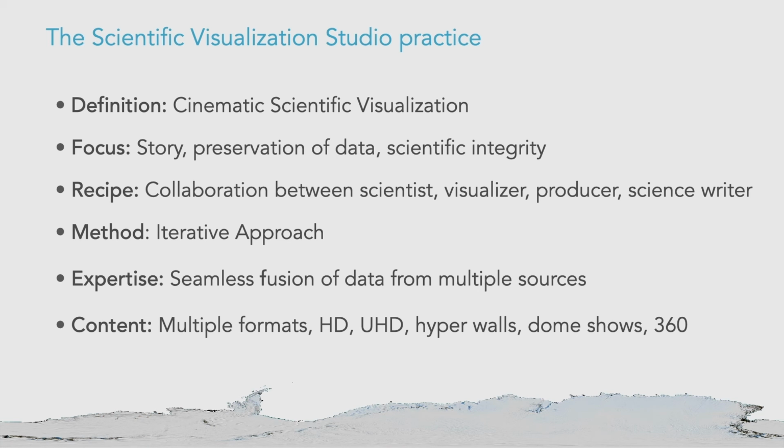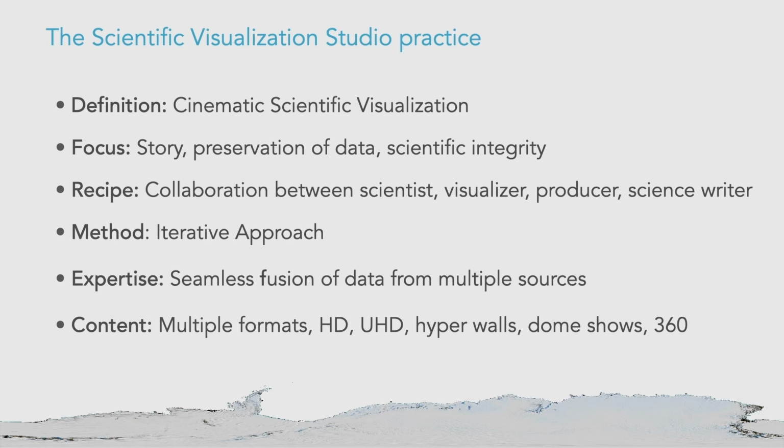Aside from having deep knowledge in earth science, heliophysics, and lunar science, we bring also expertise on fusing data from multiple sources, and this basically means layering multiple data with varying temporal and spatial resolutions.